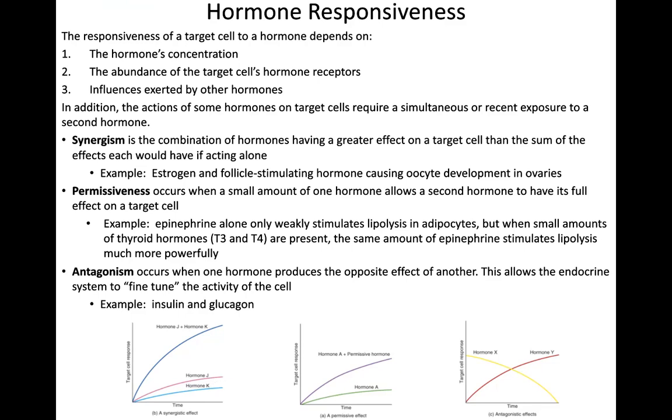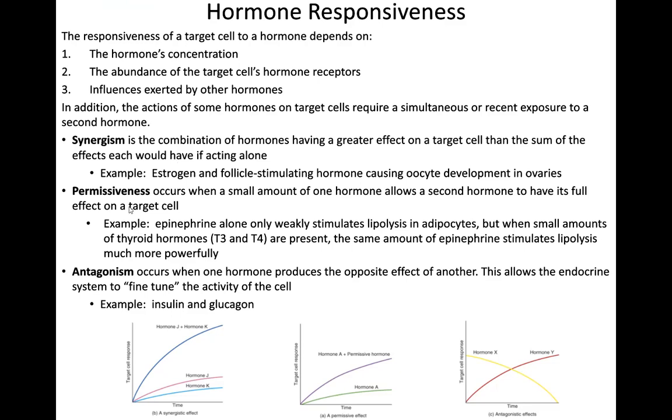If they are acting alone, they don't really do a whole lot. Okay, but if you put them together, look at the response that they produce. Something very strong, or very effective response has been produced. Okay, more so than even just adding them together if they were acting alone.